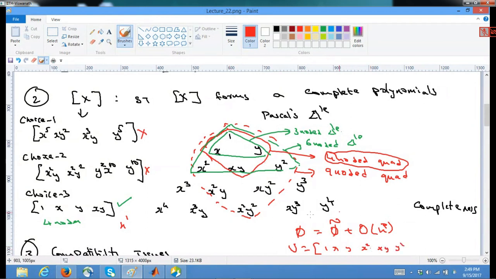Everything in this Pascal triangle would be your universal things. But out of that, if you choose these things, then linear in x has been taken, linear in y has been taken, and the x y term is also linear in x as well as linear in y, so it's kind of linear in both x and y. So this is a linear term, this is a linear term, and this is a linear term.